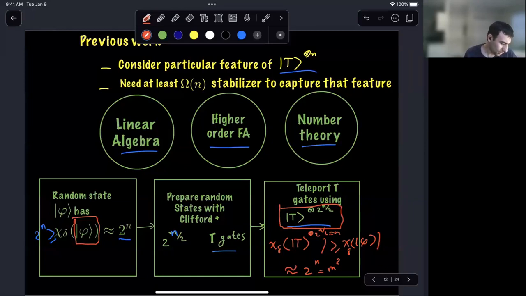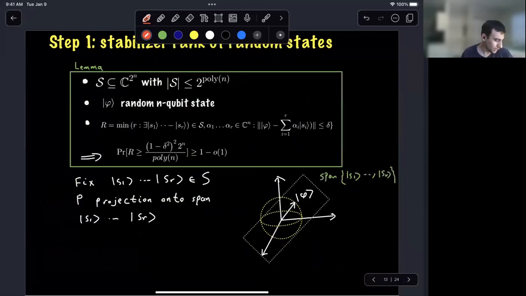Now I'm talking in more detail about each of these 3 steps that I talked about here. The first step was the stabilizer rank of some random state. And the result that we could prove is more general than just the stabilizer rank.